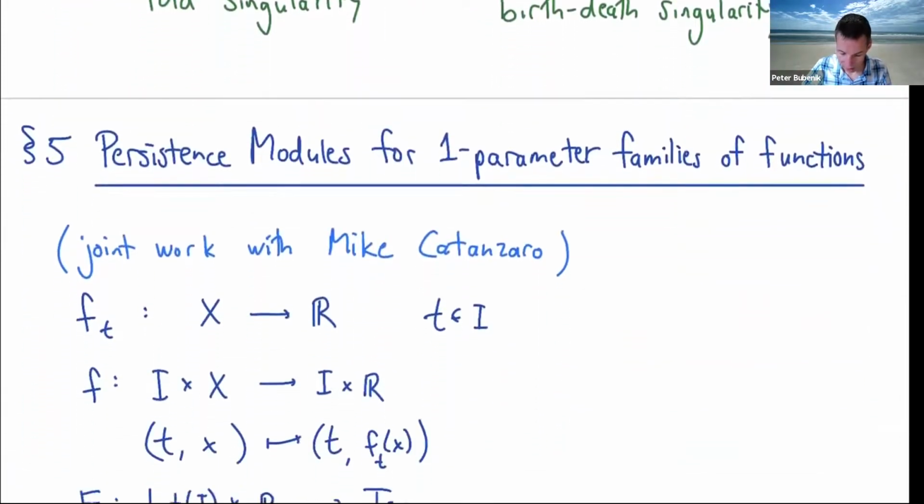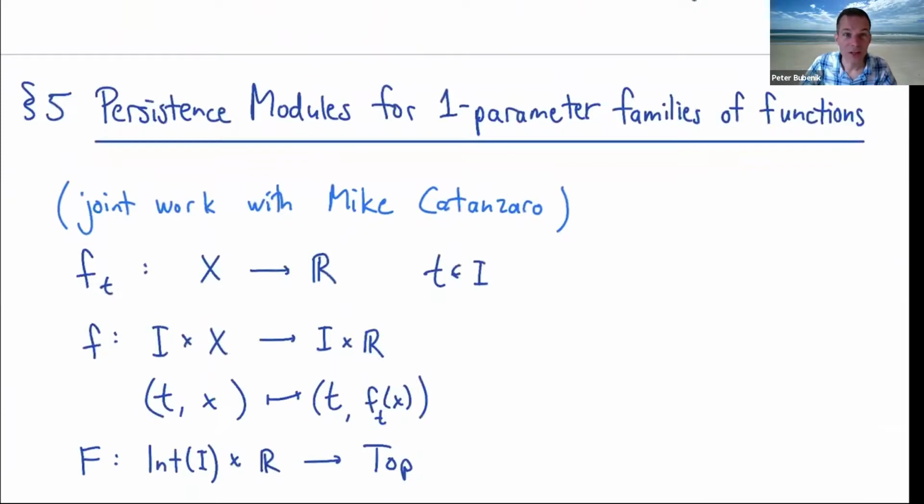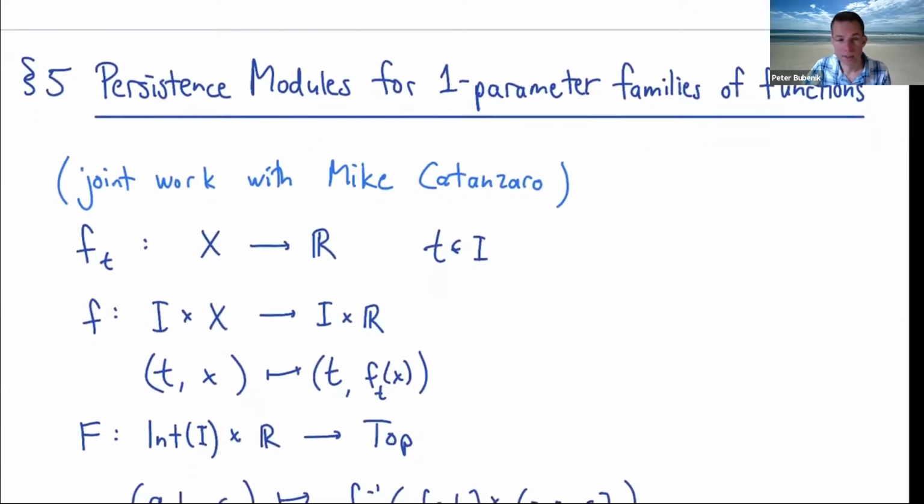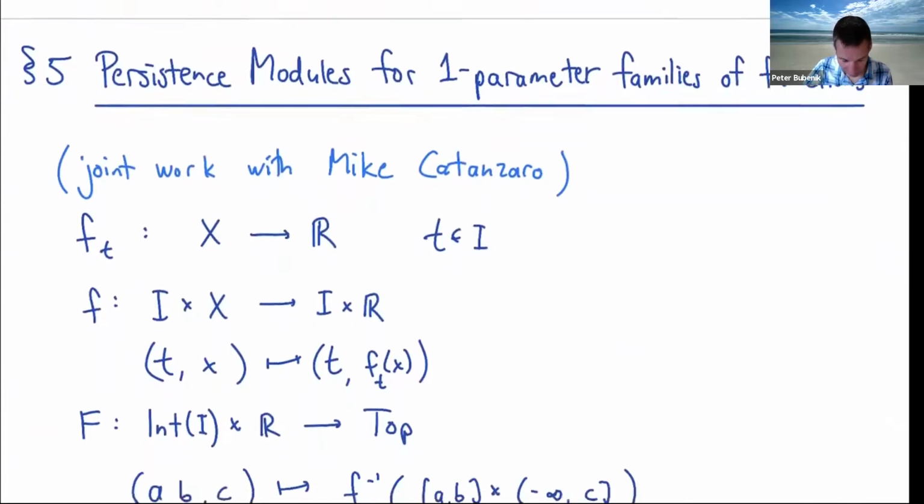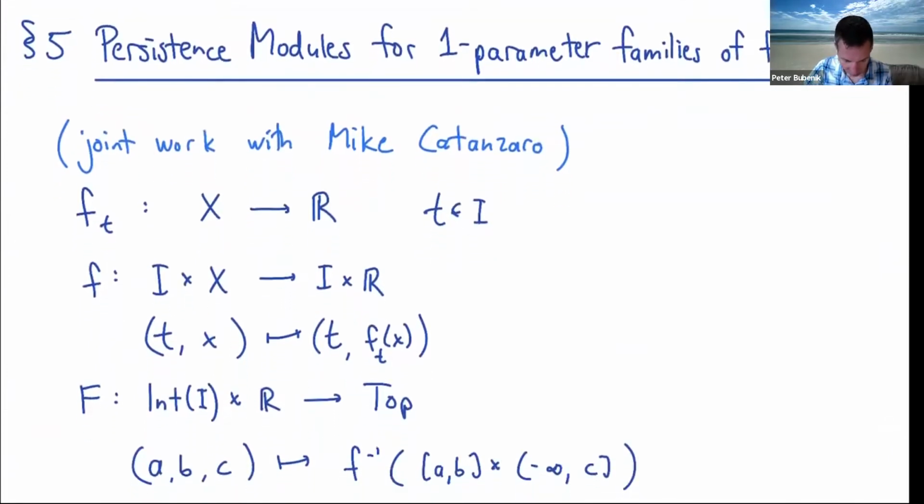All right. Okay, so let's use these results for persistence modules. And again, this is joint work with Mike Catanzaro. So let's start off with a one-parameter family of functions. And it's convenient to encode them in the following way.